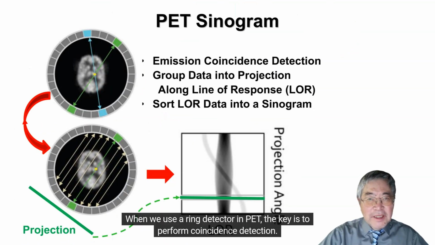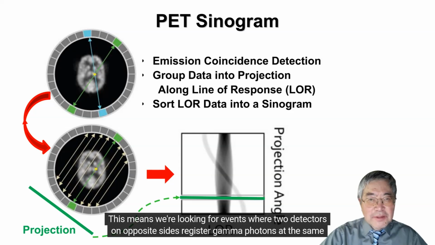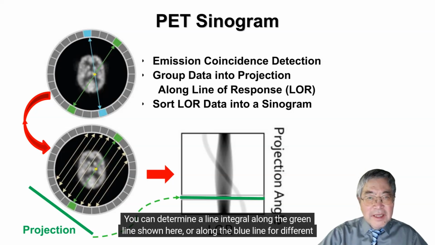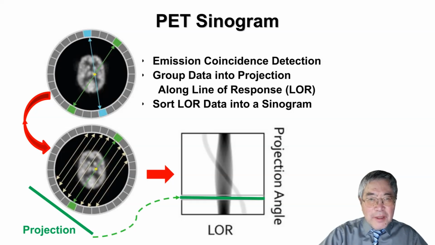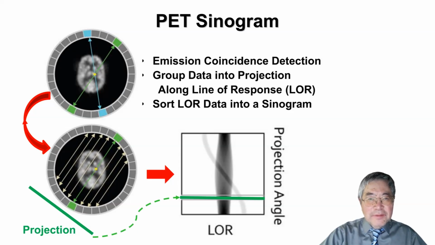When we use a ring detector in PET, the key is to perform coincidence detection. This means we're looking for events where two detectors on opposite sides register gamma photons at the same time. Those photons come from an annihilation happening somewhere inside the ring. You can determine a line integral along the green line shown here, or along the blue line for different angles. By rotating the ring or changing the projection angle, you can collect projections from multiple directions.